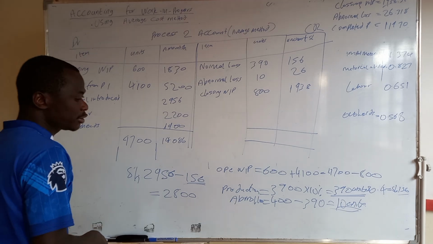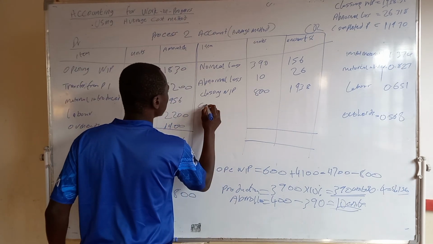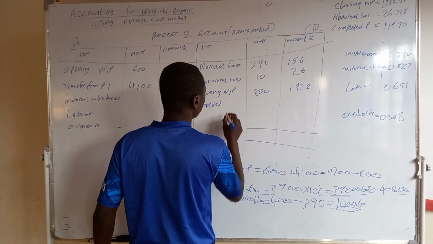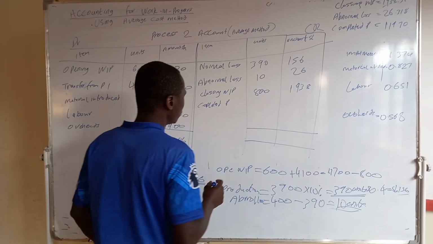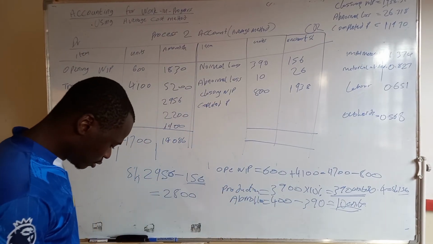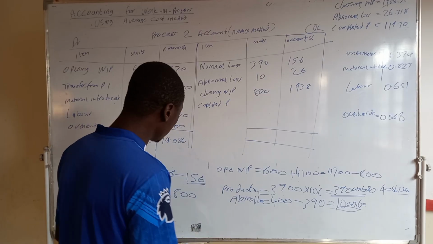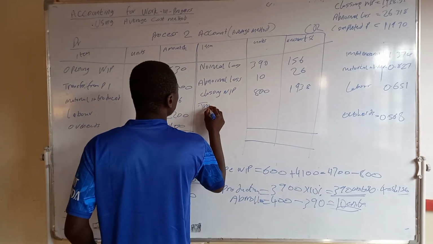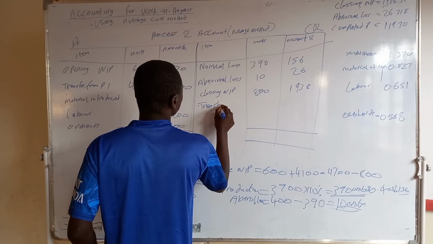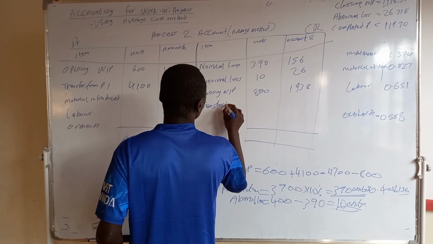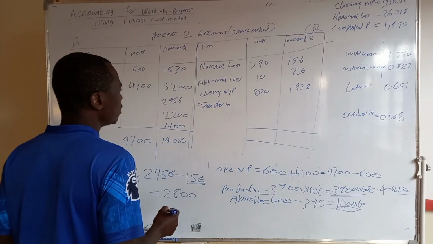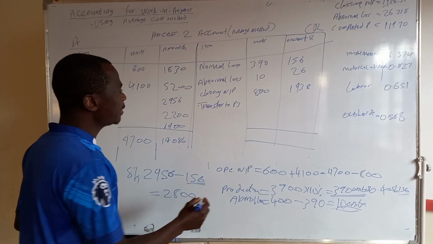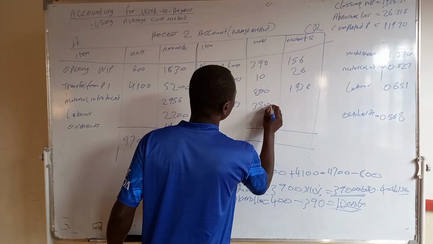We have the complete production, transferred to process P, 3,500.